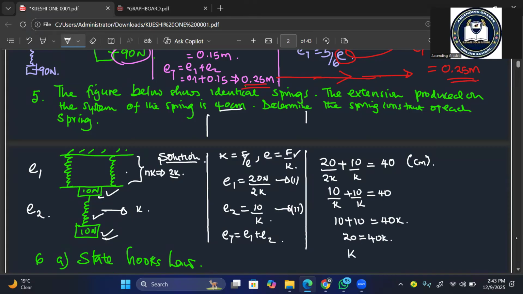So K will be the same as 20 divided by 40. This one will lead us to 1, that is half. So it will be 0.5 Newton per centimeter.